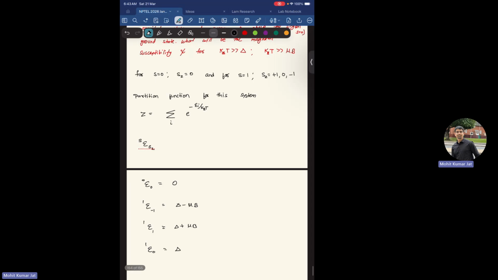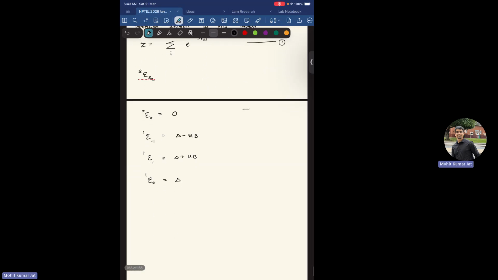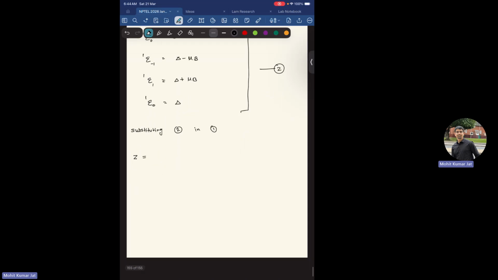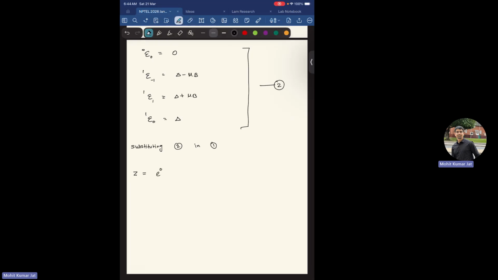So now we know the energies. Let's put them in equation 1. Substituting 2 in 1, what we get is Z equals e to the power 0 plus e to the power minus (delta minus mu B) by kBT plus e to the power minus (delta plus mu B) by kBT plus e to the power minus delta by kBT.